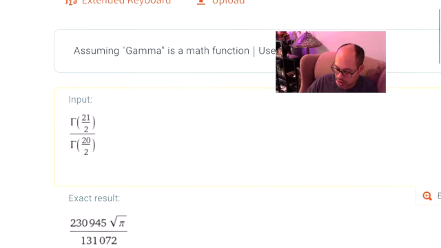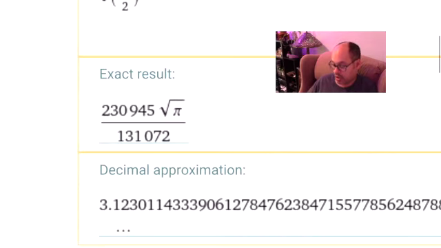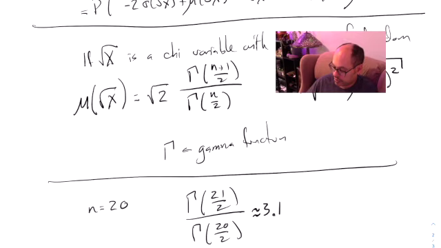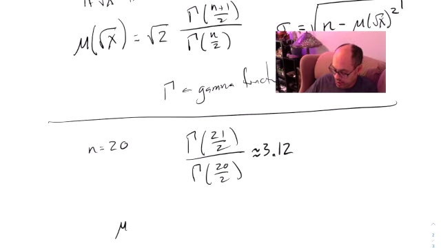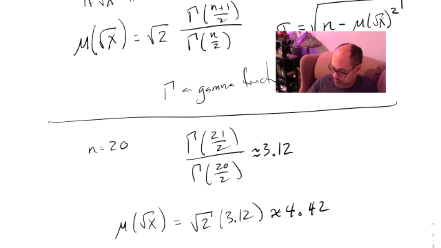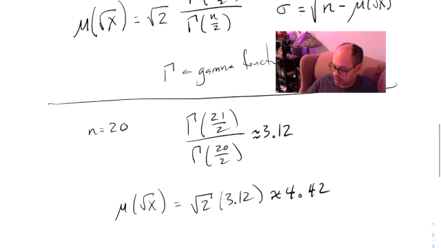It says it is this nice expression, which is approximately 3.12. And so the mean of our chi variable is root 2 times 3.12, which is about 4.42. Great, so the mean is 4.42.